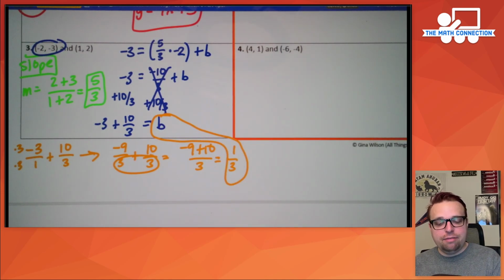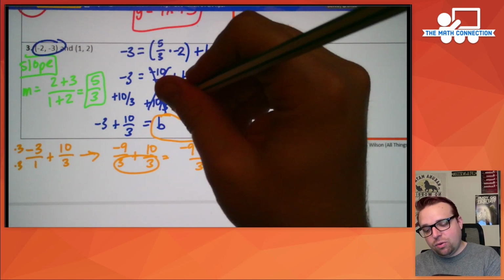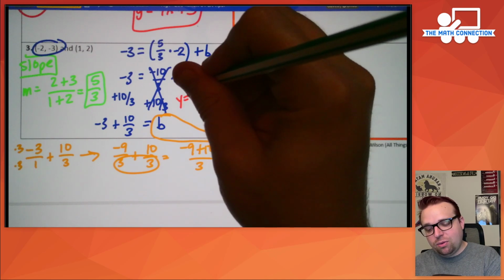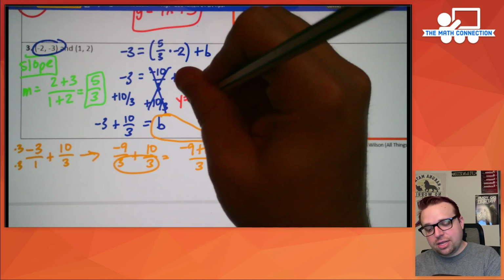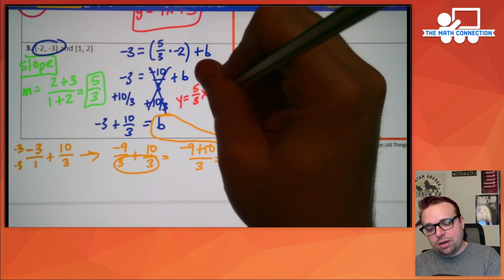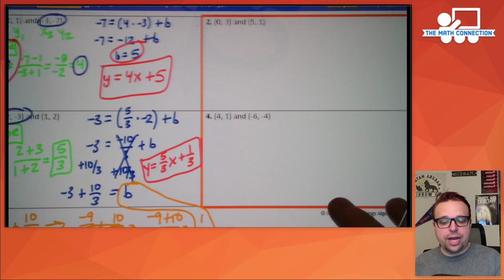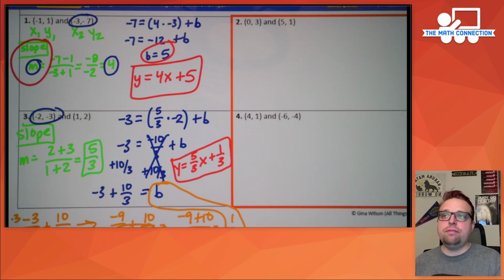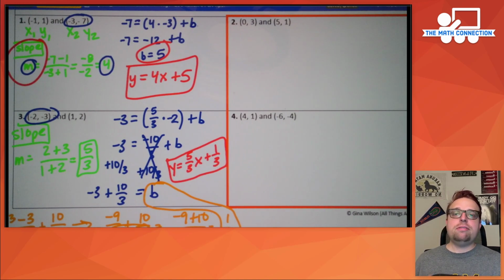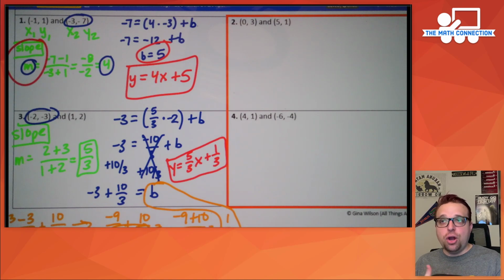And now you have the m and the b. So you can write an equation which will be y equals 5/3 x plus 1/3. And that's it. So you guys go ahead and take care of 2 and 4. Remember, for these assignments that you're turning in for this review, I'm giving you a grade on getting the notes part down.